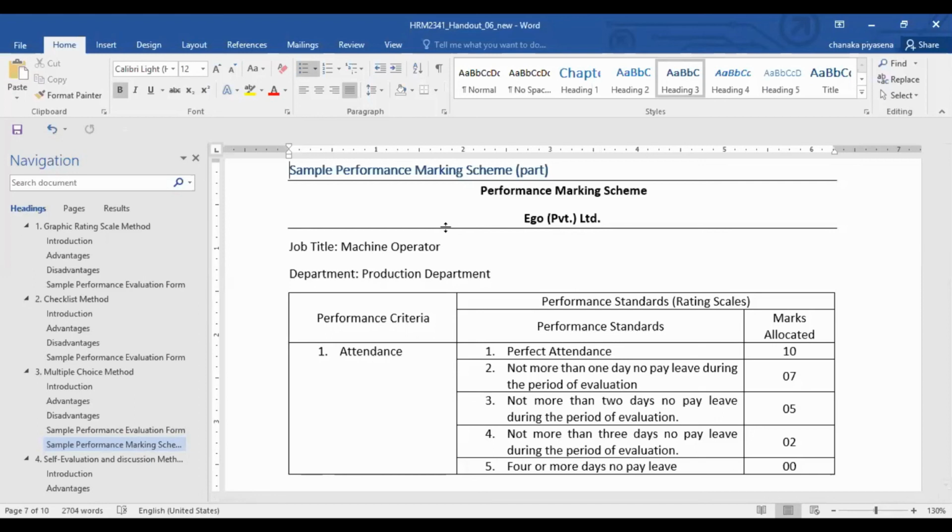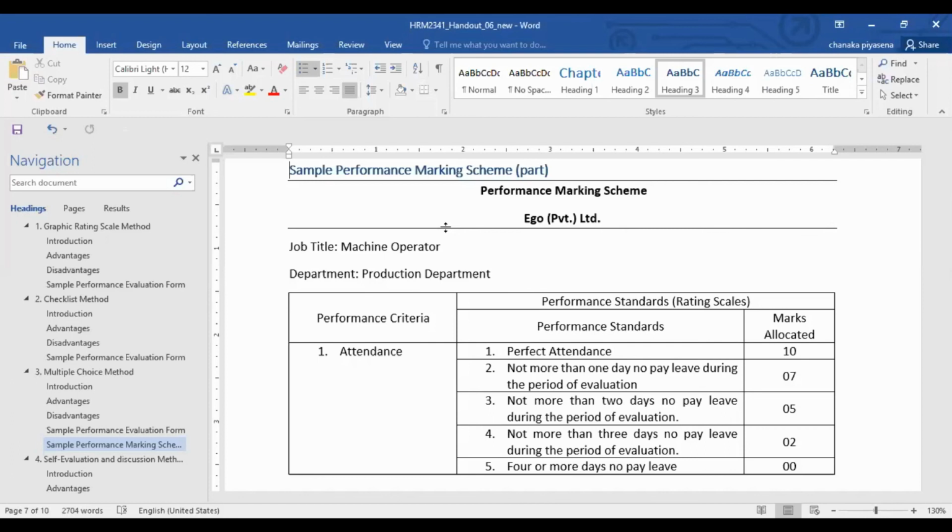When we consider the performance standards, not more than 1 day no pay leave during the period of evaluation. Most of the time, in a 1 year duration, if there are no no-pay leaves, that may fall under perfect attendance.